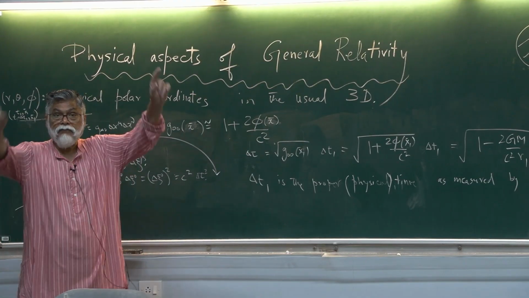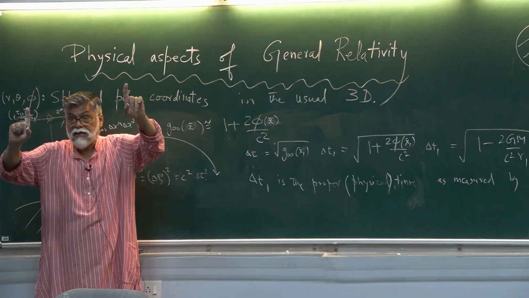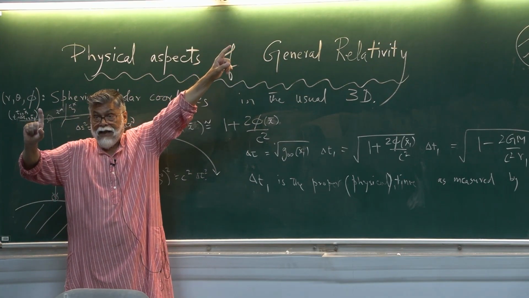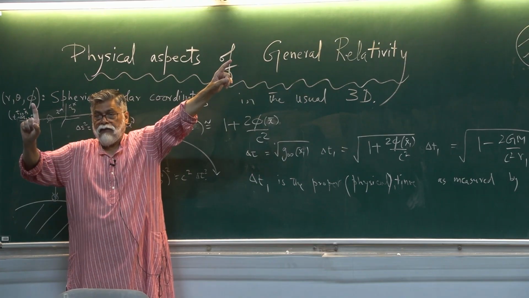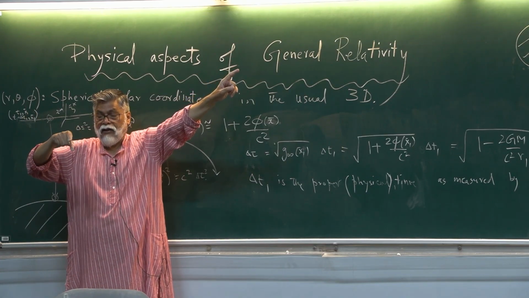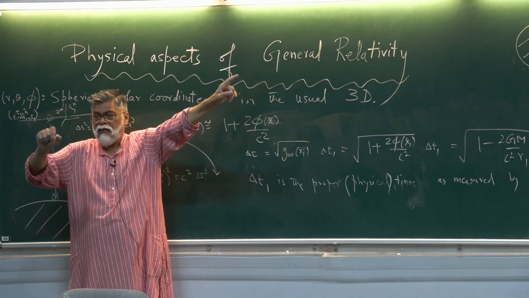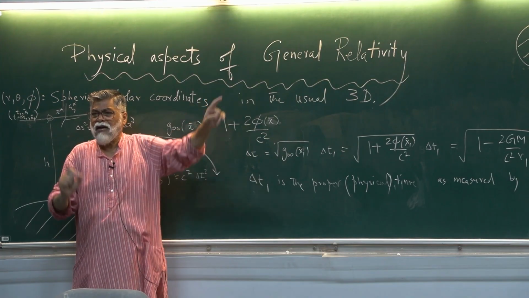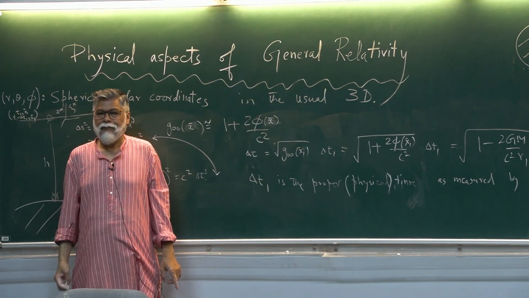Why? The same two events, the same two tickings of the clock, the inertial observer will say that the time elapsed is delta t1. But the observer at the clock, the local inertial observer, will say, no, the time elapsed is smaller, so the clock is ticking slower. Okay?